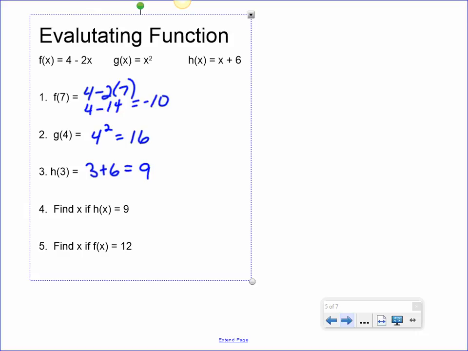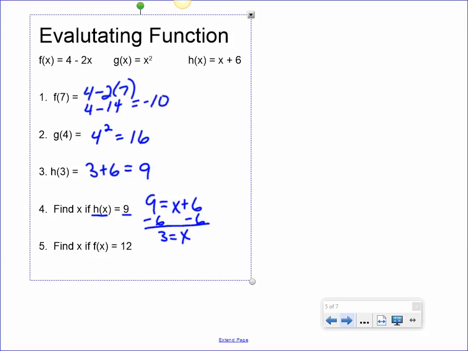The last one says find x if h of x is 9. So that's kind of the reverse. Now it's saying that I'm going to plug a 9 in for the h of x. So now I'm saying 9 is equal to x plus 6. So I'm just going to have to solve to find out what the x is. So I would get x is equal to a 3.